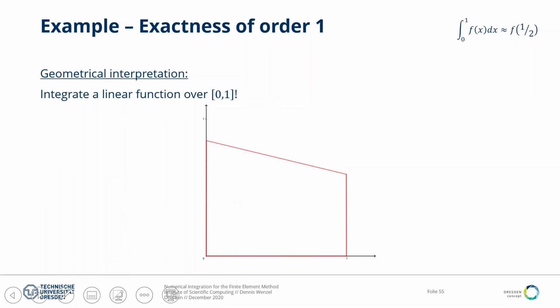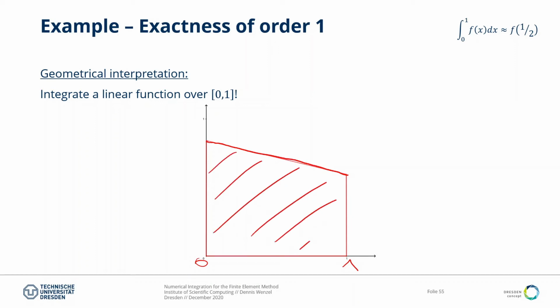Let's try a geometrical interpretation. If we have a linear function given on the interval from 0 to 1, and we want to integrate this, then we want to compute the area below this function. Our quadrature rule says it can be computed exactly in our linear case by the function value at 1/2.